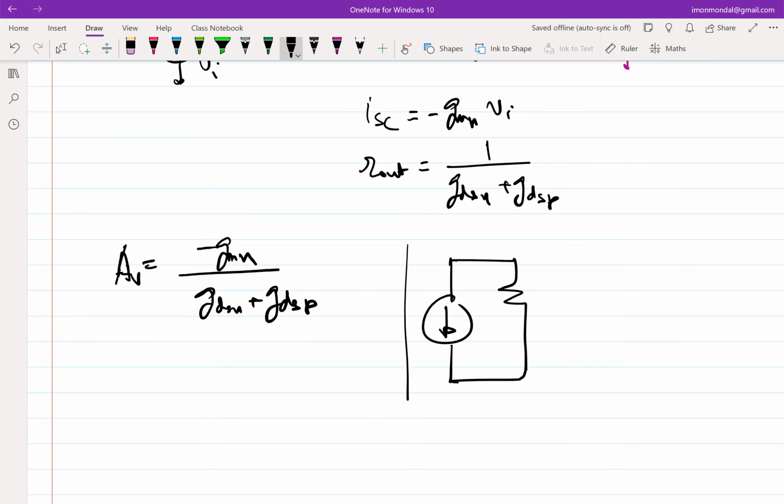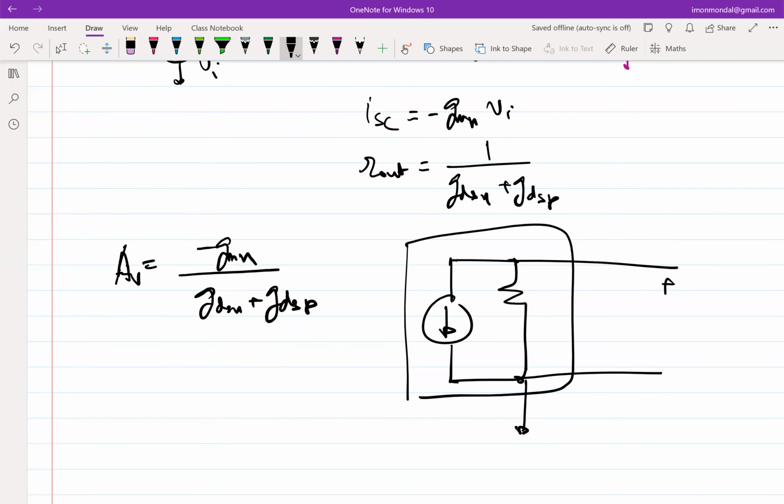If I assume that this is the stuff in the box, and we are essentially trying to figure out what it is looking in from the outside, then this is GMN times VI, and this is 1 over GDSN plus GDSP, right? So when you didn't have the PMOS, the control current source was still GMN times VI, but you had 1 over GDSN or RDSN as the resistor. The value of the resistor has essentially changed in this case.